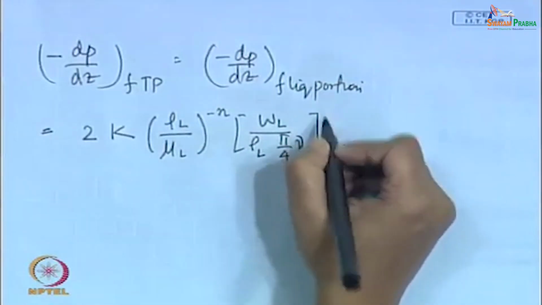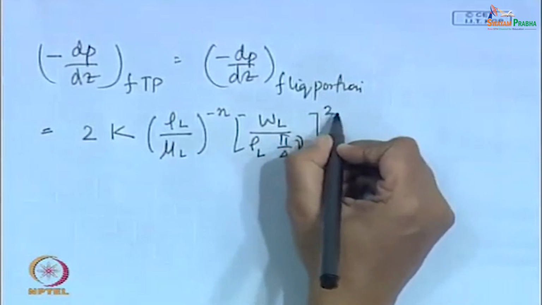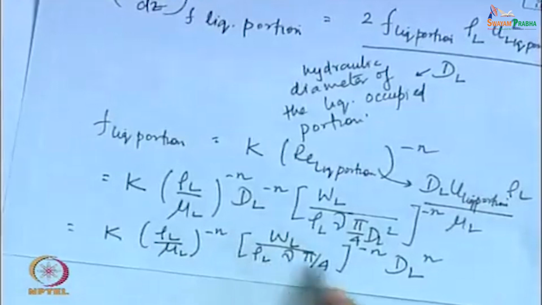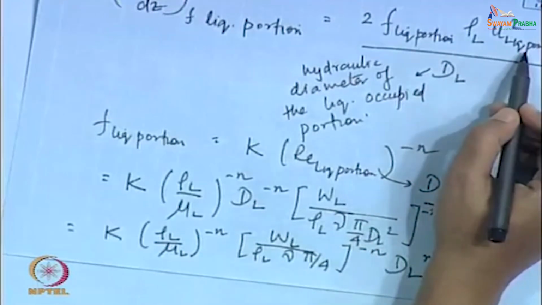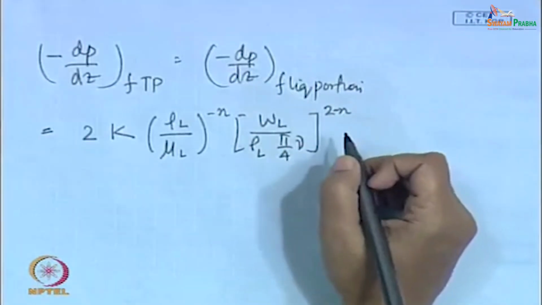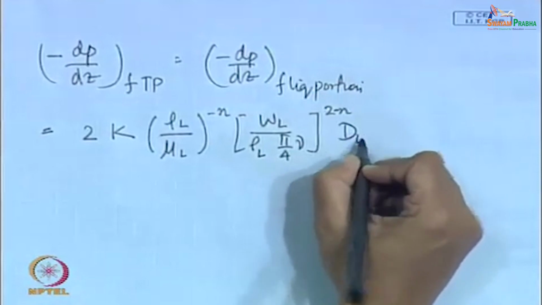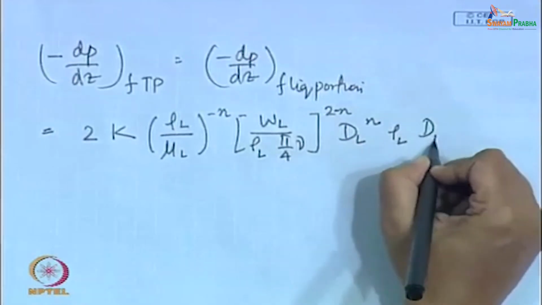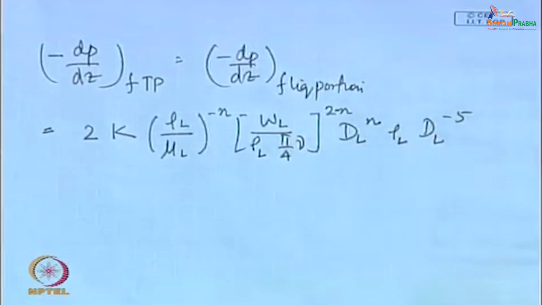This is equal to 2n, because we will be having one for this and the other for the liquid portion part. Sorry, it's 2 minus n probably, 2 minus n, this is dL to the power n, rho L, dL to the power minus 5, correct.